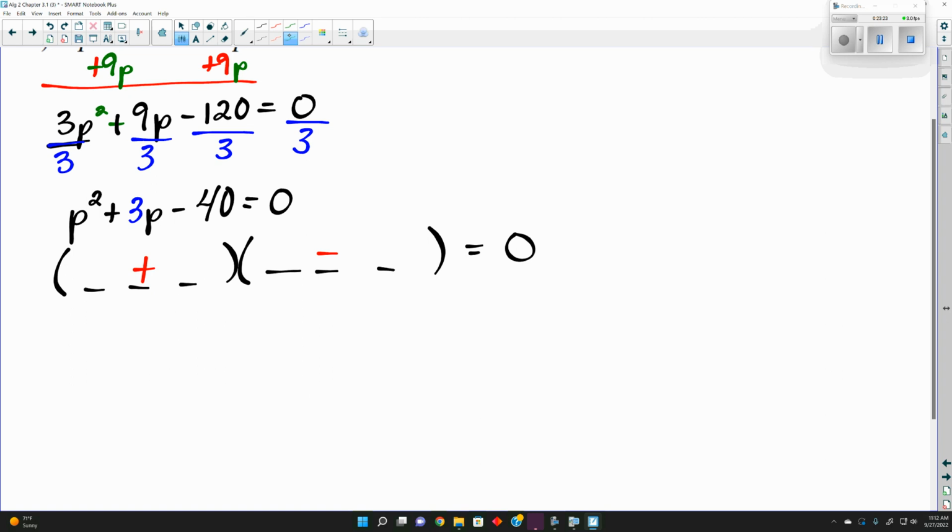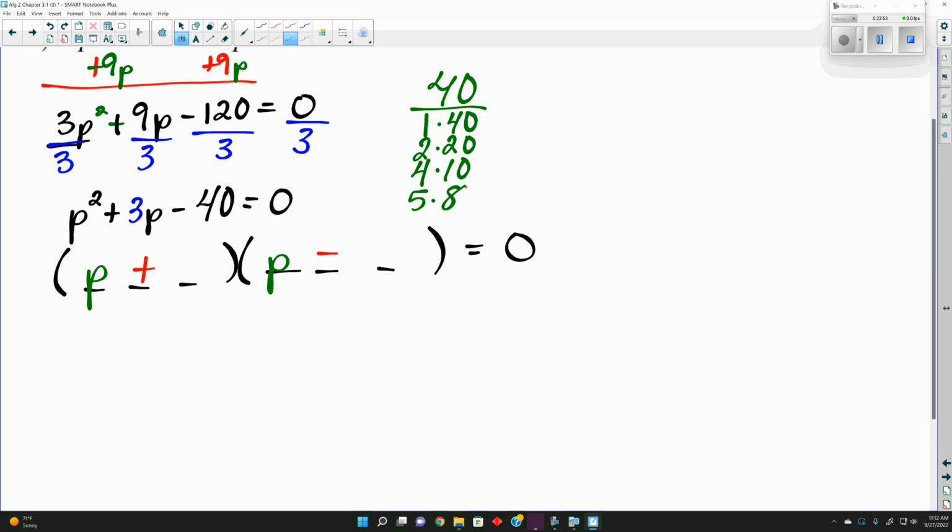Well, the factors of p squared are, and now the factors of 40 are 1 and 40, 2 and 20, 4 and 10. Does 3 work? No. So 6 won't work either, but 5 and 8. And when I look at the factors, one way I write them down is I start with 1, so 1 and 40.